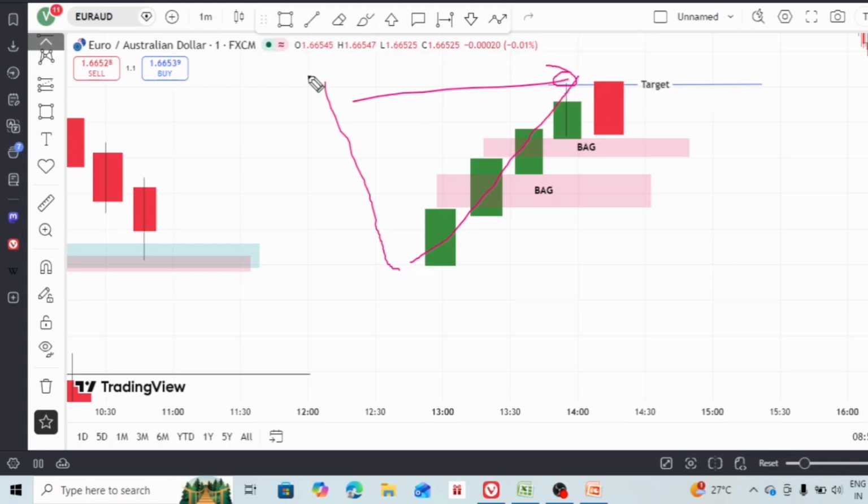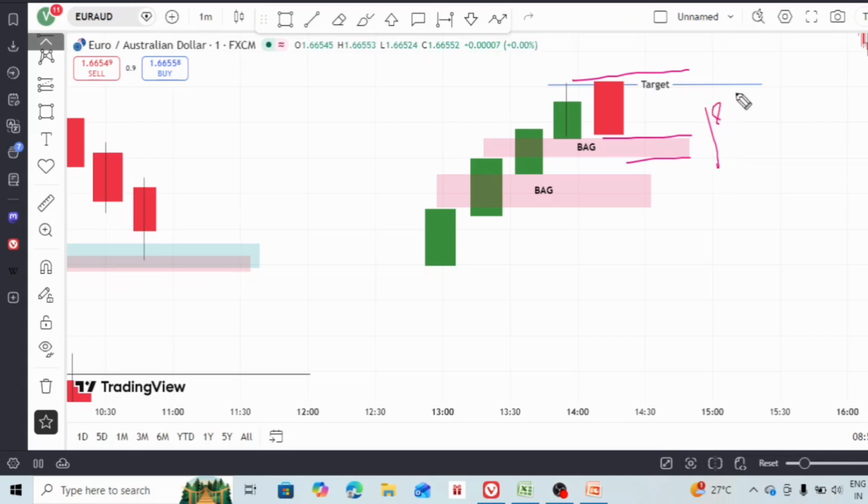After reaching the target, we have multiple gaps here, but the first gap will be the manipulation gap, so you cannot take a break here. Even if the candle comes here and gets rejection from here, you cannot take a break to the upper direction, because these are manipulation gaps.